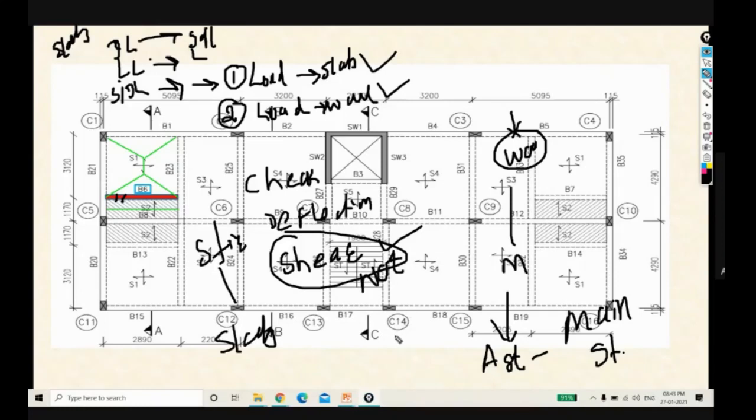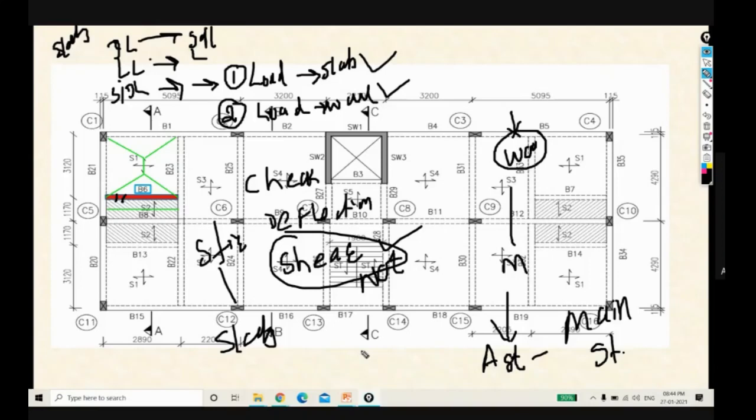Why? Because shear reinforcement is required in beam to hold the stirrups, as we have already discussed. To hold the stirrups, we have to provide nominal shear reinforcement.